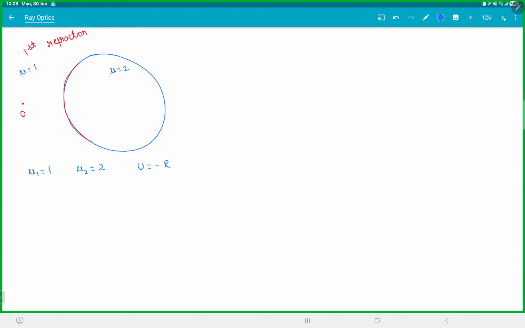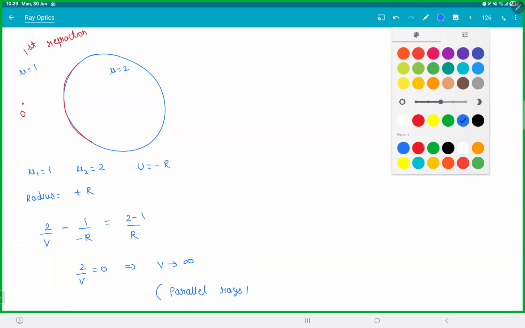U is minus R. Radius is plus R. So 2 by V minus 1 by minus R is equal to (2 minus 1) by R. We get 2 by V is 0. This implies V has become infinity. Meaning the light rays are meeting at infinity, meaning the light rays have become parallel.